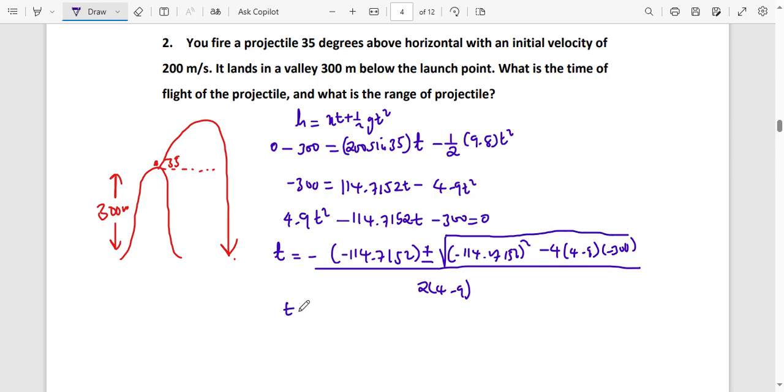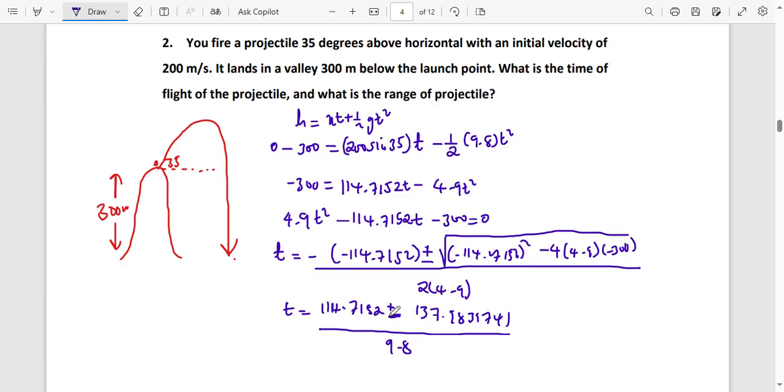So this is going to give us t being equal to 114.7152 plus or minus, if you punch negative 114.715 squared minus 4 times 4.9 times negative 300, and then square root that, it is going to give you 137.9839741, divided by 2 times 4.9, that would be 9.8.